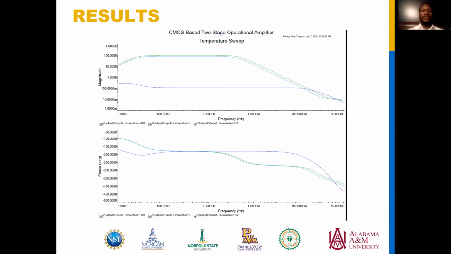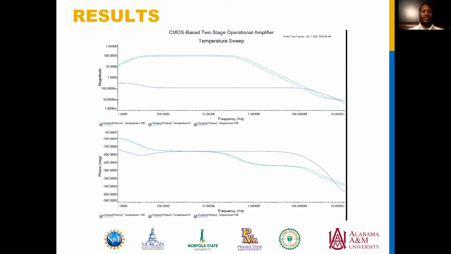Then when the frequency keeps increasing, the magnitude will stay level throughout the graph until the frequency hits 1 megahertz. Then the magnitude will decrease automatically until the magnitude hits 10.